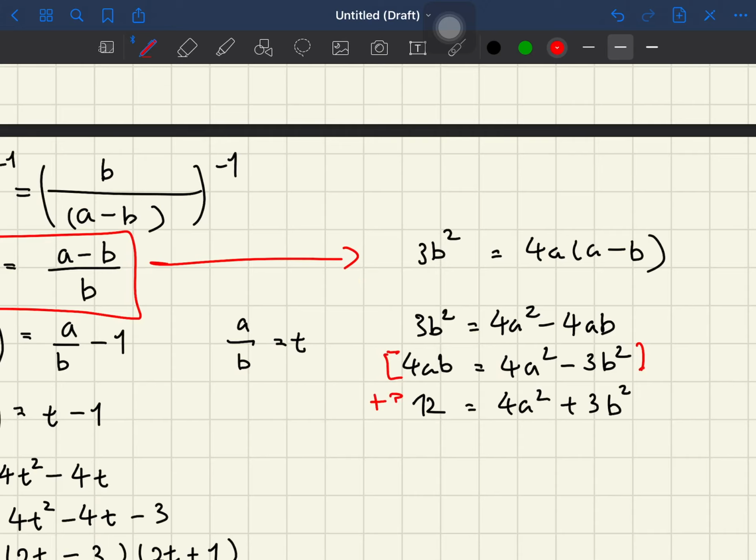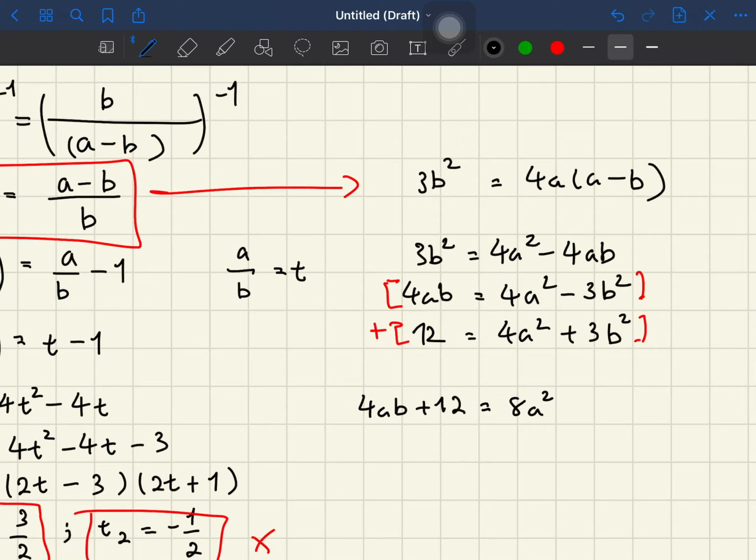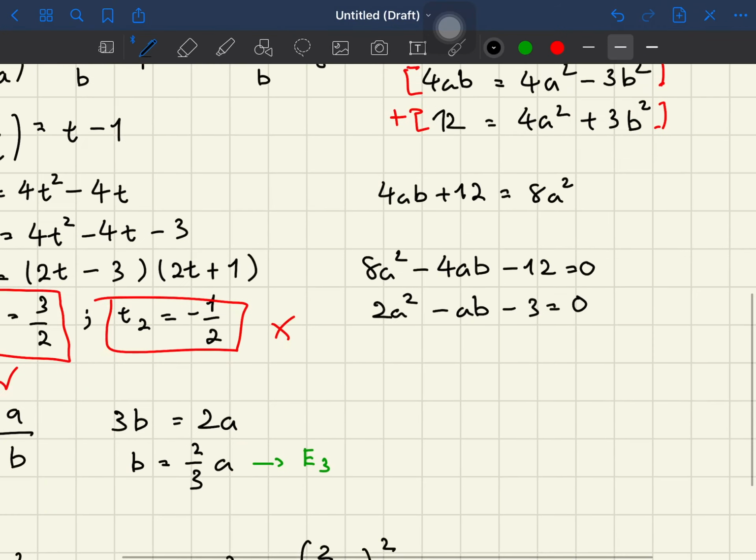You will get 4AB plus 12 equals 8A squared. Then you can solve for A like a quadratic equation. You will get 8A squared minus 4AB minus 12 equals 0, and then 2A squared minus AB minus 3 equals 0.